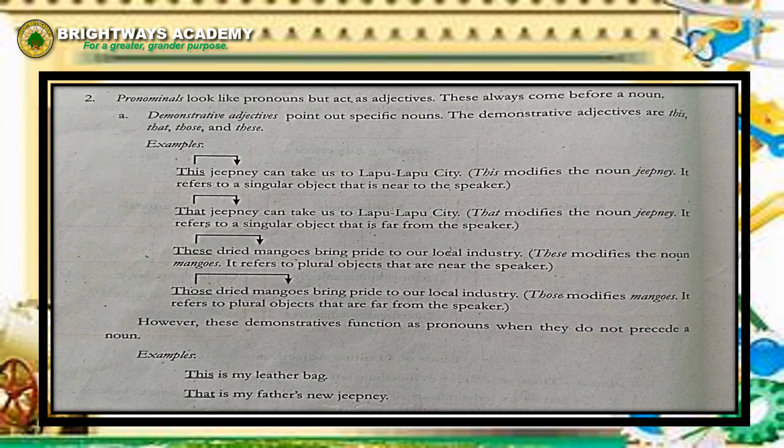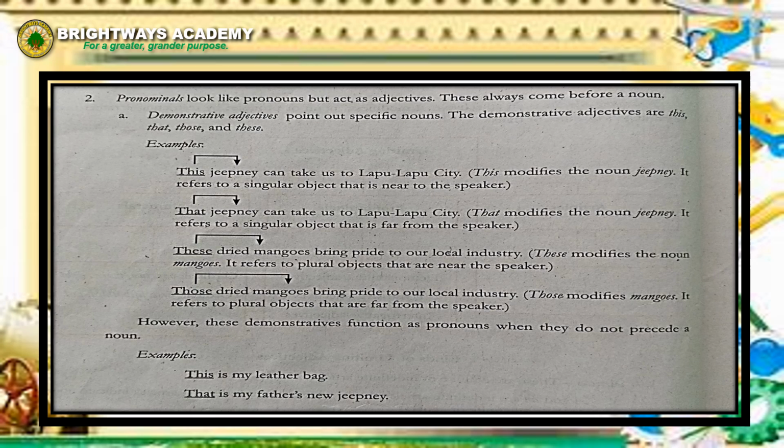Number 2, the pronominals look like pronouns but act as adjectives. These always come before a noun. So let's go with the demonstrative adjectives. They point out specific nouns. The demonstrative adjectives are this, that, these, and those.